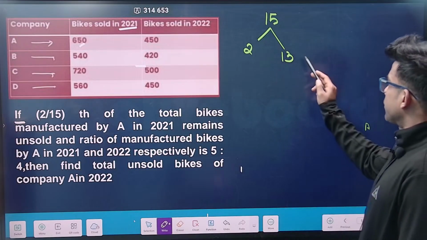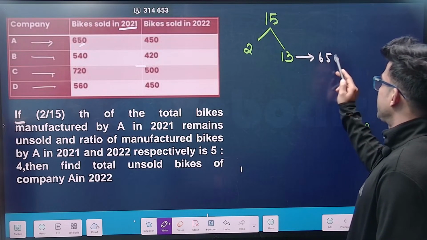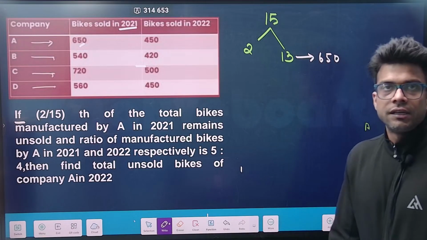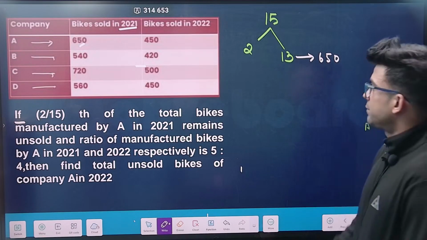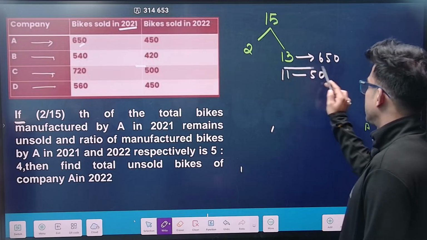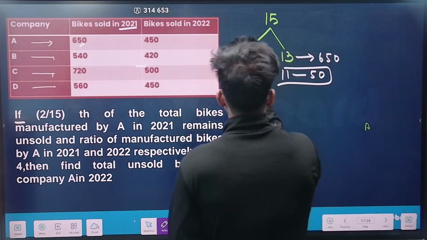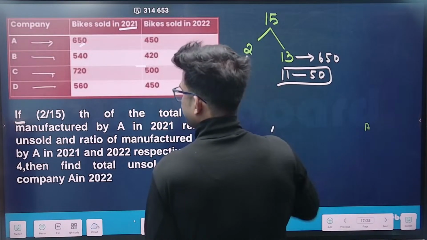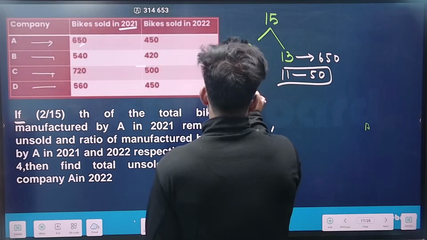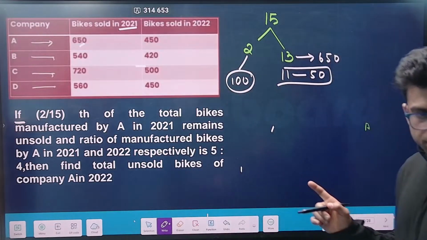Can I say the sold part is 13? 13 is 650, then 1 is 50. If 1 is 50, then the value of unsold is how much? This is unsold, right? 100. I hope you understood.